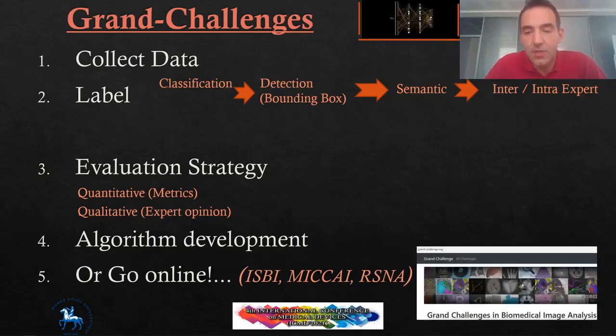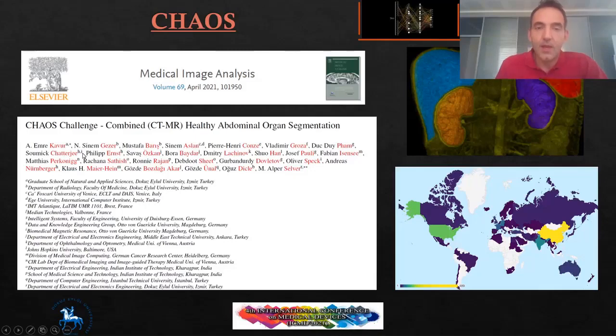Now, grandchallenge.org is a good example for hosting grand challenges, and it currently includes more than 200 up-to-date grand challenges that you can attend. In Turkey, we have finished a grand challenge. It is called CHAOS. It's the combined CT, MR, healthy abdominal organ segmentation challenge.